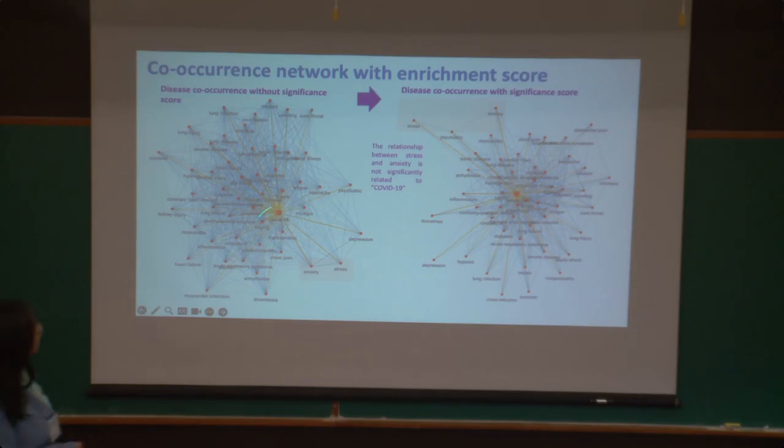For this enrichment analysis, we basically remove the connections which are significant but not related to COVID-19. So in this study, the final output graph only reports the connections that are related to the COVID-19 studies.